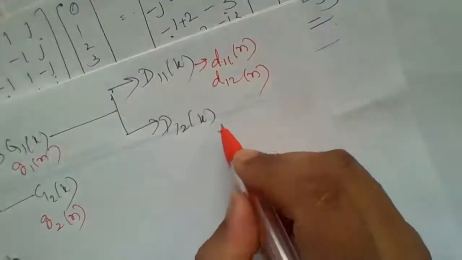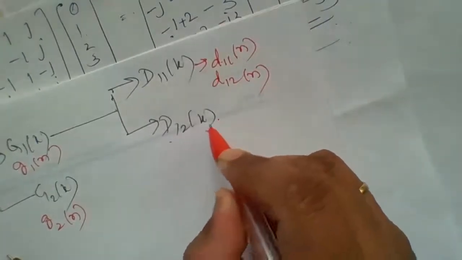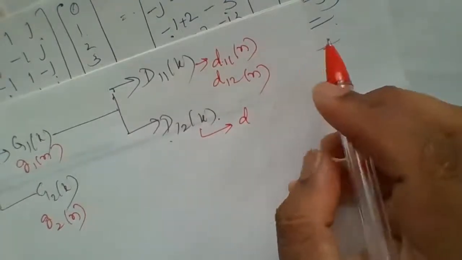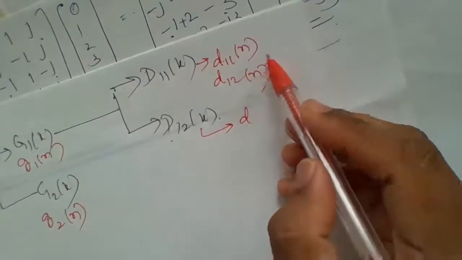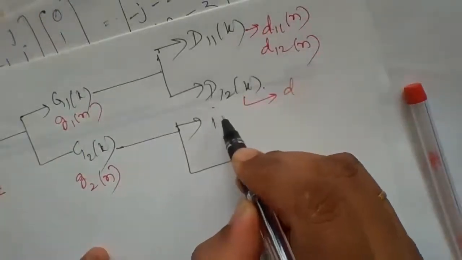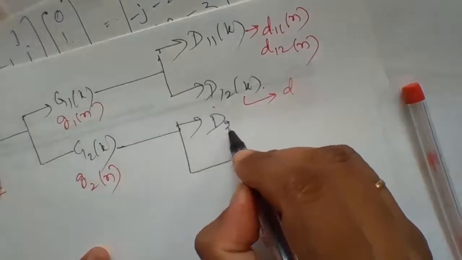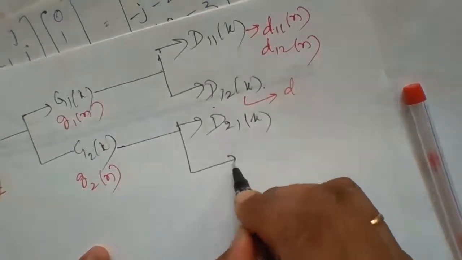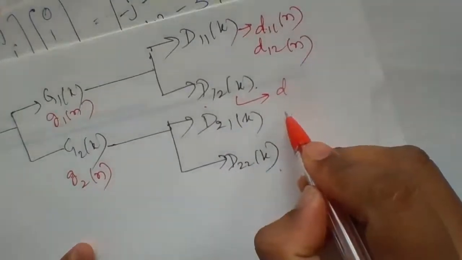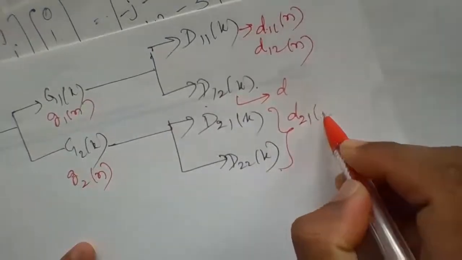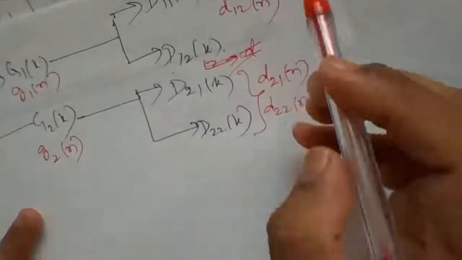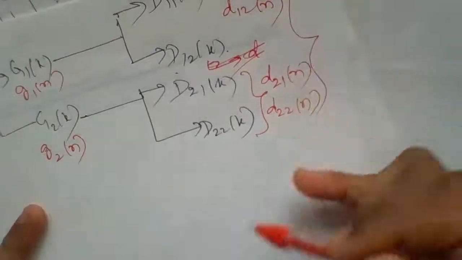Similarly, D21 of k and D22 of k. Again what we have is for this D21 of n and D22 of n. So therefore these are the 2-point sequences we have.